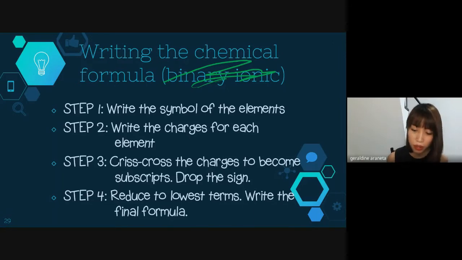Another question, what is the charge of oxygen? Negative 2. Thank you, Angelica. So you can find it in the periodic table under the oxidation states. If you have the periodic table with you, good; if not, you have to search for it on the internet.